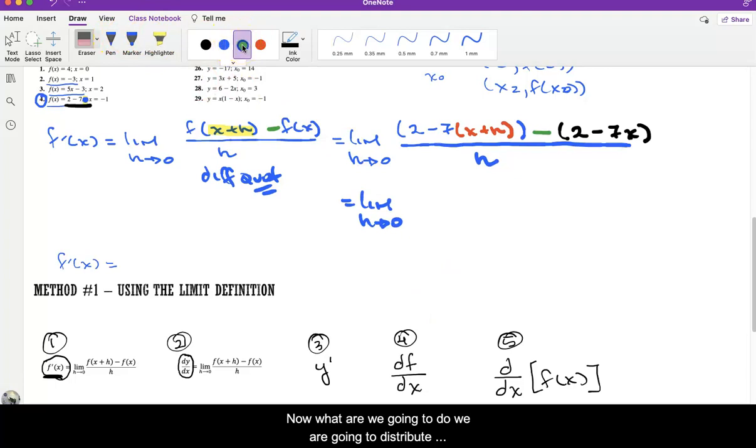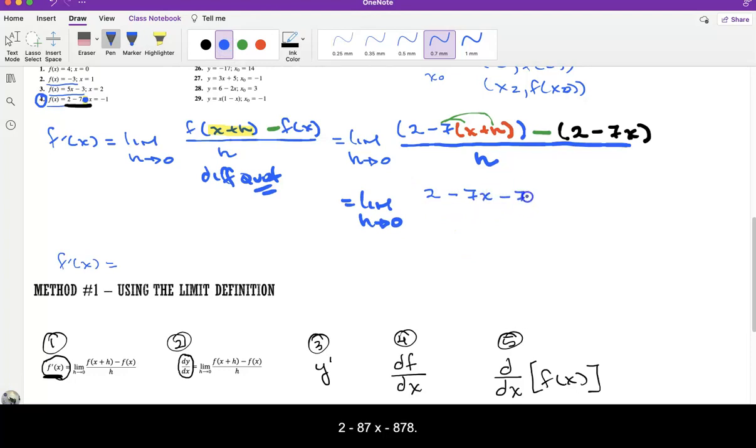Now what are we going to do? We are going to distribute there. So what is that going to be? This is going to be 2 minus a 7x minus a 7h. Then we have to distribute here, minus 2 plus 7x, which is going to be all over h.